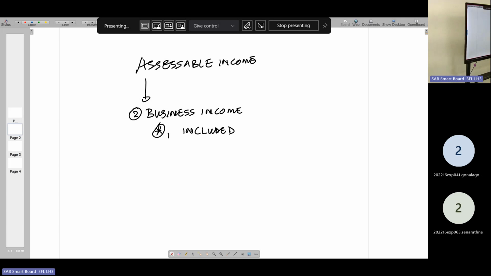Now we are discussing the things we cannot consider, which need special attention. Under that, we discussed three parts: how we can make the deduction when we work out the taxable income from business.